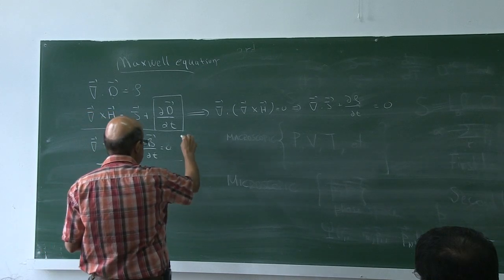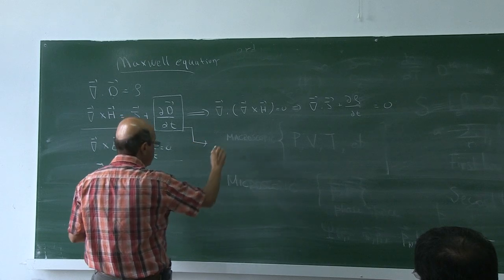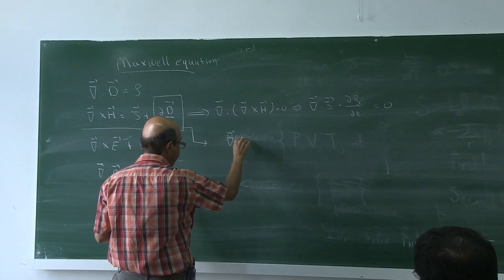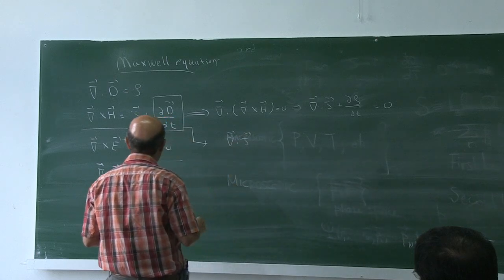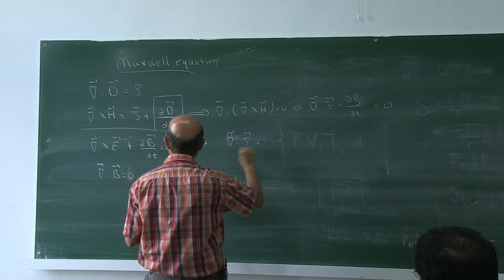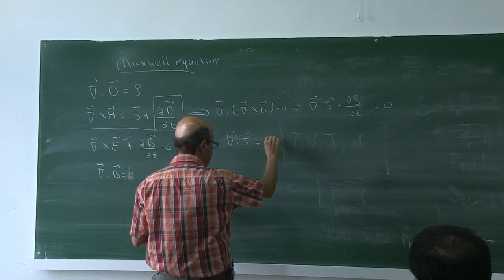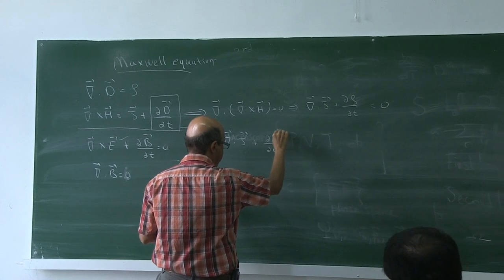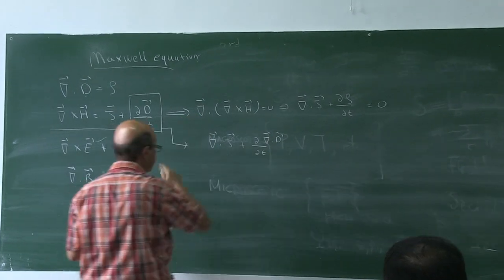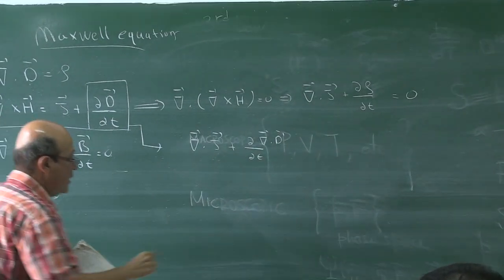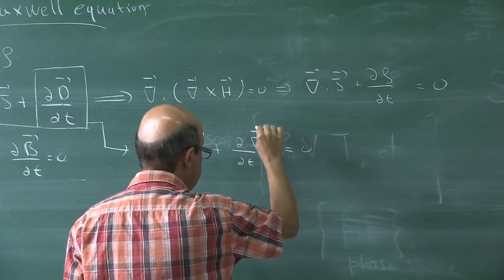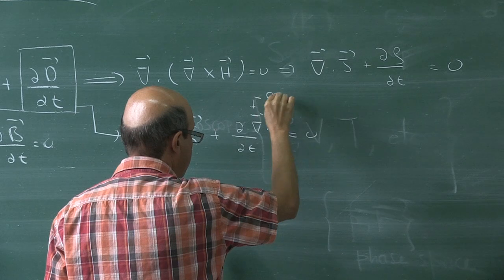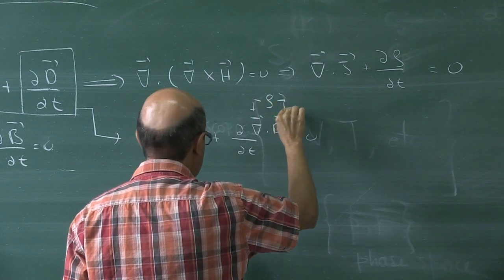So if you take this equation, del dot J plus the divergence of del D over del t, you can replace the derivative operator with the divergence. And from the first Maxwell's equation, this term is equal to rho.